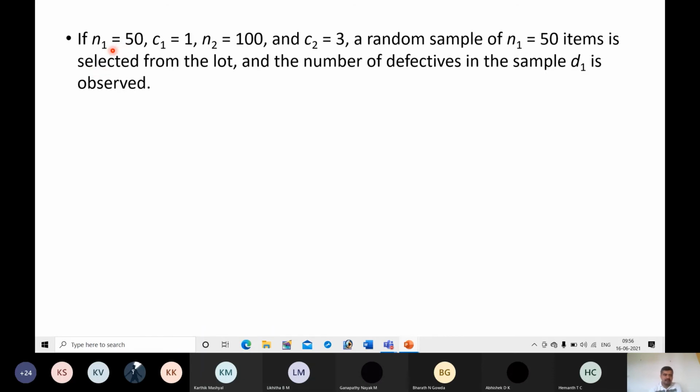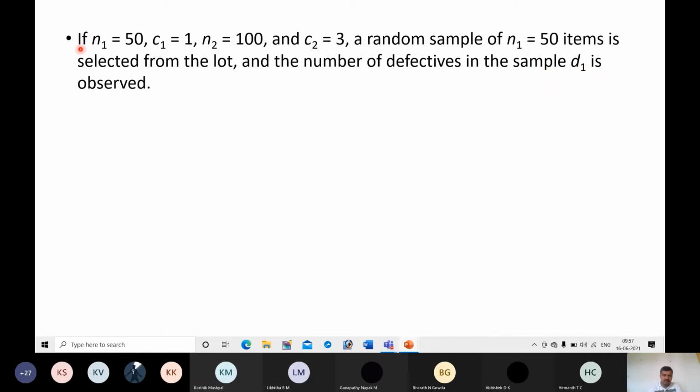If N1 is 50, that is the sample size for the first sample, it may be taken after 1 hour of production. The second sample may be taken after 2 hours or 3 hours of production. Based on different criteria, we choose samples at different intervals. If N1 is 50 and the acceptance number is 1, and N2 is 100 and the acceptance number is 3, a random sample of N1 equals 50 items is selected from the lot and the number of defectives in the sample, D1, is observed.